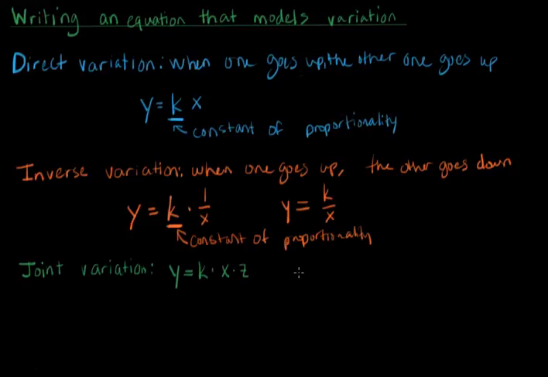Meaning that when these two go up, then this one goes up. Varying jointly means that x and z both make y go up. So basically, joint variation is, kind of an oversimplification, like when two go up, the other one goes up.